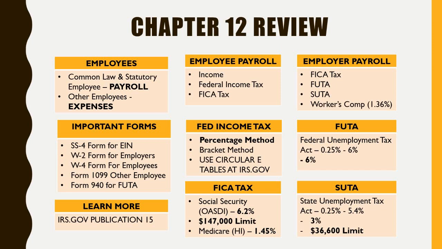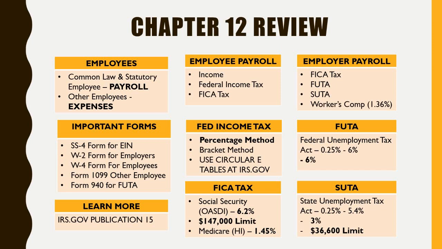Okay, so that's that. And then we talked about the different forms. We talked about how to apply for an EIN, which is an employer identification number. We talked about filing W-2s, W-4s, 1099s, and the 940.